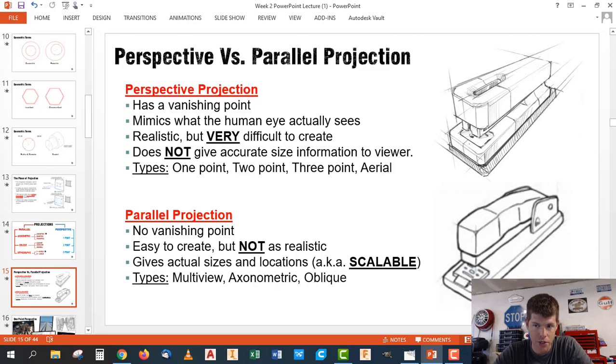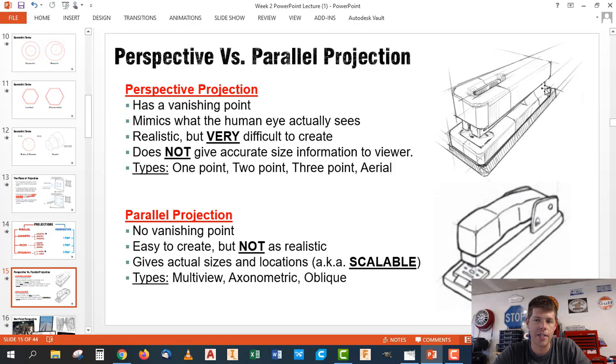Notice in a parallel projection drawing, as you go towards the back of the drawing, things do not get smaller. Okay, they stay roughly the same size, and you can tell by looking at the base of this stapler, it is not going to shrink down and get smaller like the one on the top does. You can notice it's a little bit thicker here, and as you go farther away from it, it tapers down to what we call a vanishing point here in the background.